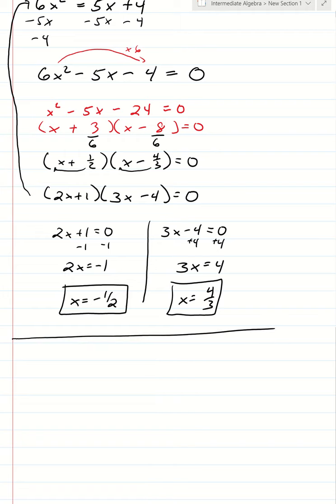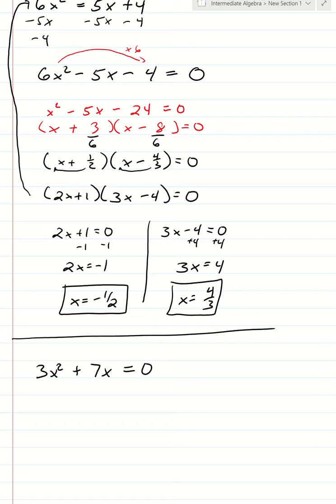Let's take a look at another one. Let's say we have 3x² + 7x = 0. Now I want you to think about all your different steps of factoring. What we want to do here is factor out a greatest common factor.